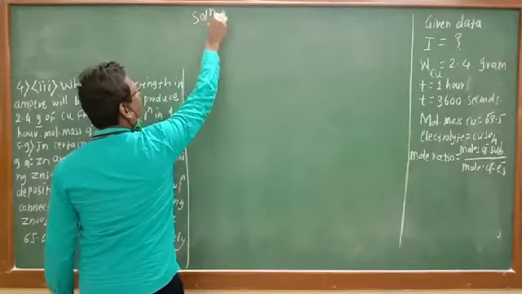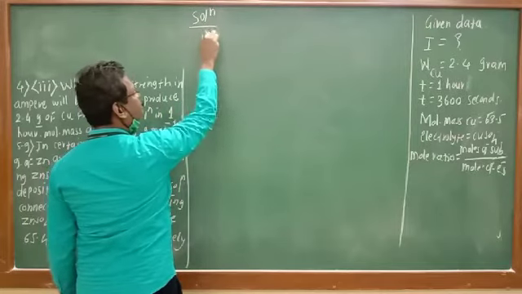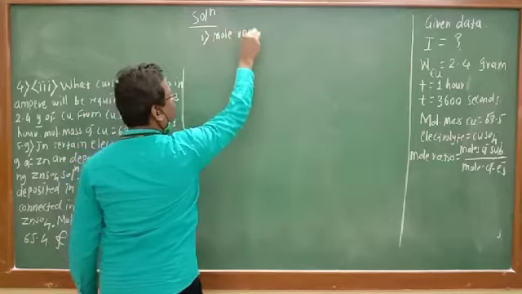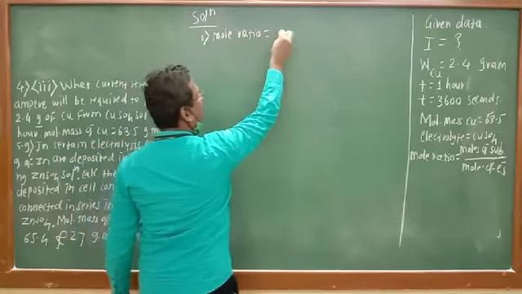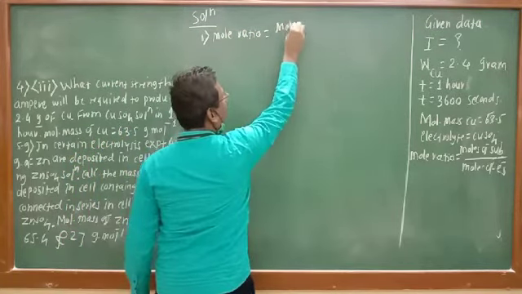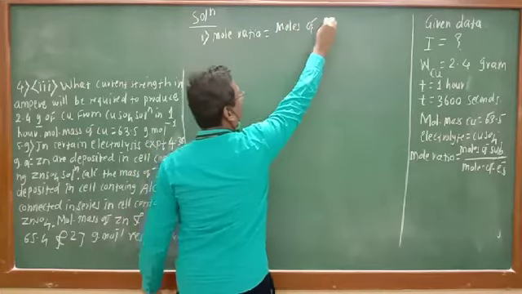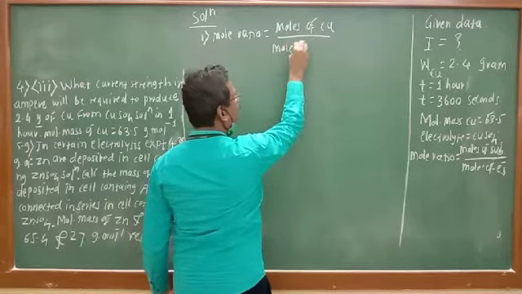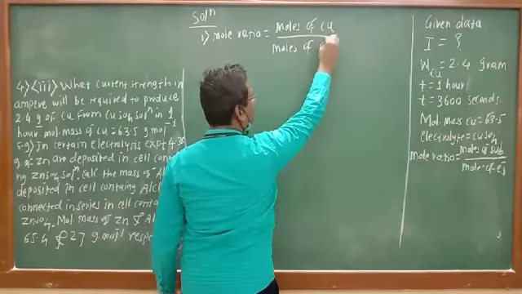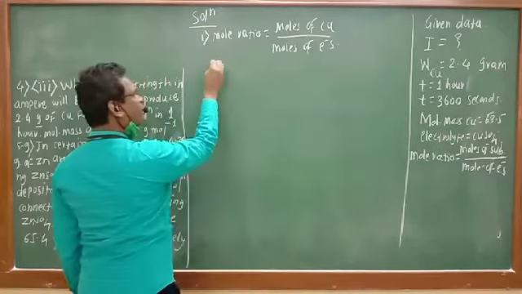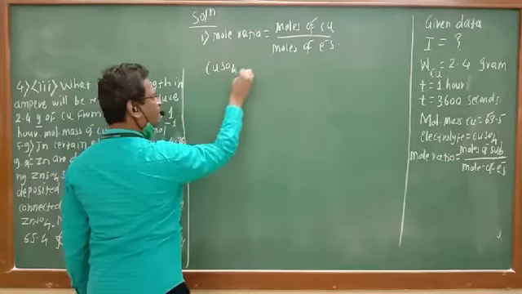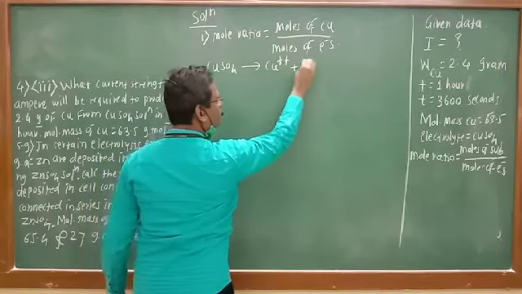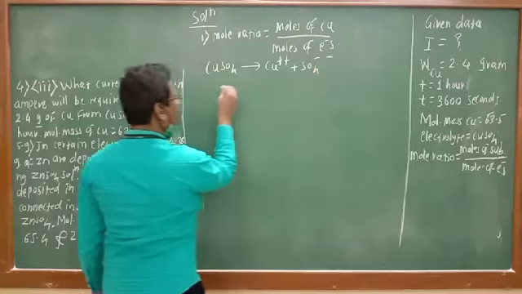Solution of the problem. First of all, we have to calculate the mole ratio, and that is, we know the formula, moles of copper deposited divided by moles of electrons. We know the electrolyte is copper sulfate. It gives Cu2+ and SO4 2-.